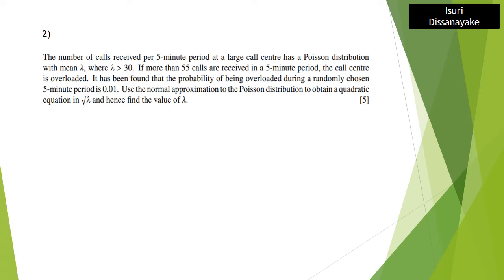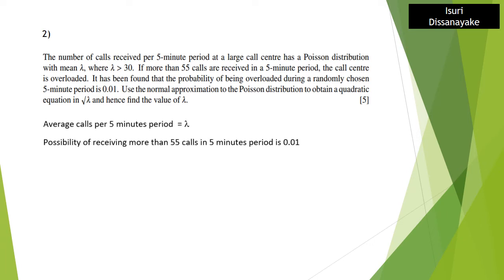It has been found that the probability of being overloaded during a randomly chosen 5-minute period is 0.01. Use the normal approximation to the Poisson distribution to obtain a quadratic equation in square root of lambda, and hence find the value of lambda.